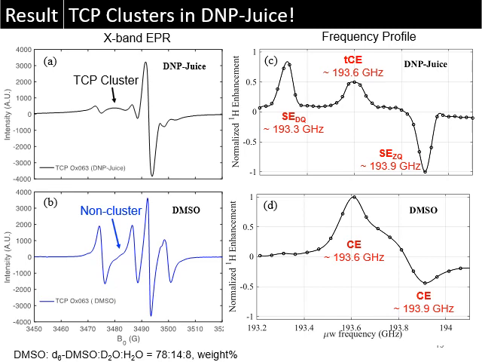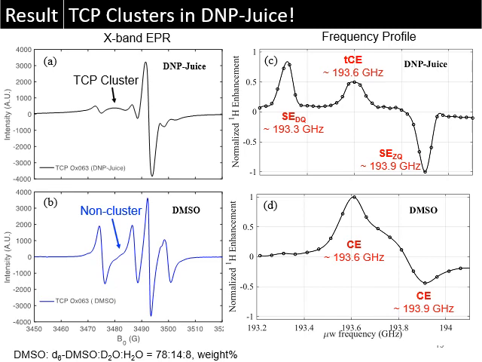In DNP juice, the TCP trital mixture again shows the truncated cross effect plus solid effect frequency profile. But for DMSO, the apparent DNP mechanism becomes cross effect. This is interesting because just by changing the solvent, we are able to tune the apparent DNP mechanism.